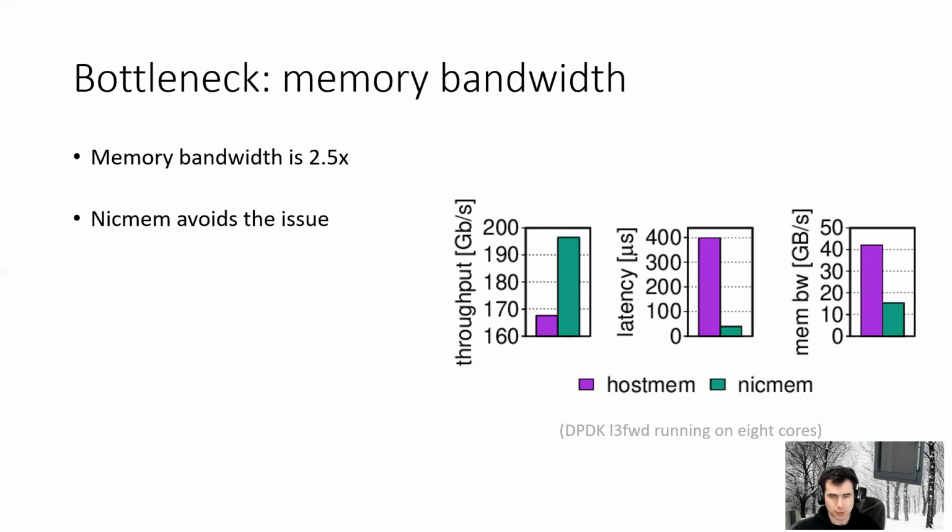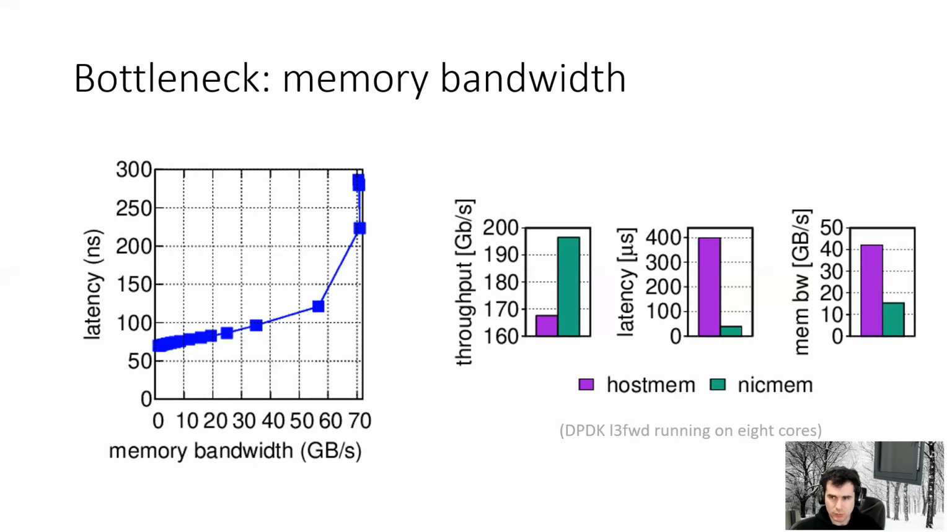And so now when we look at the results, we see that hostmem throughput is about 15% lower, and its latency is about 10 times higher. The reason is that the memory bandwidth experienced by hostmem is around 40 gigabytes per second, and this slows down the processing of packets in the hostmem-based application.